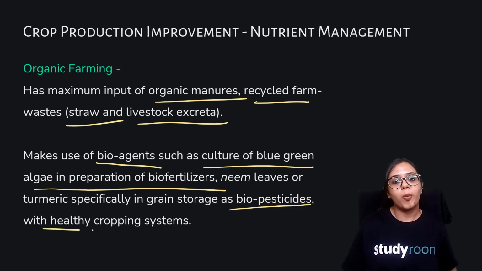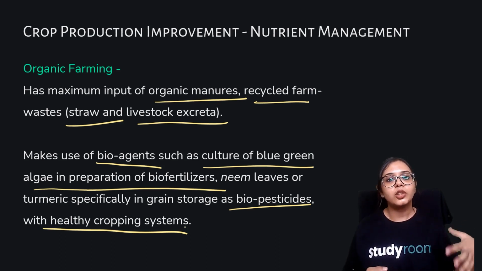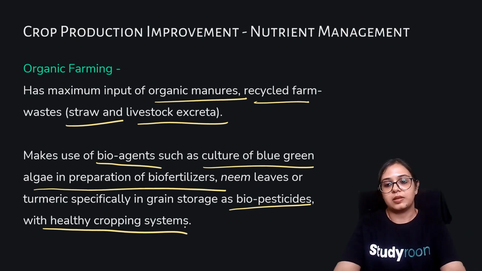With healthy cropping systems, you're not employing herbicides and pesticides; rather you are using blue-green algae and neem leaves or turmeric stored along with the grains, along with the harvest, so that there is no infestation of bacteria, crops, or other animals. Okay.